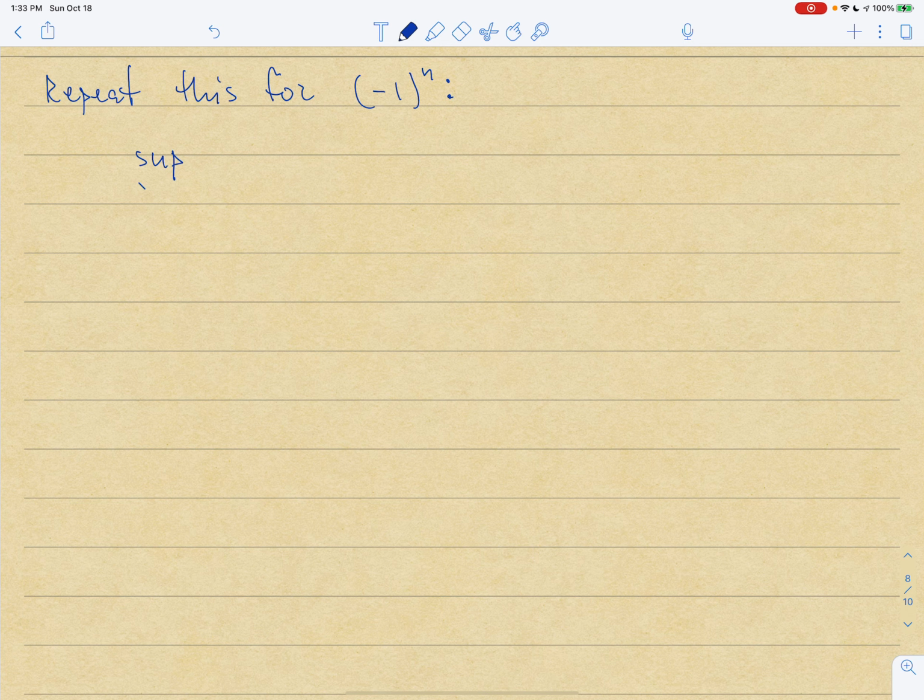Supremum, n greater or equal than 1, of minus 1 to the n, and the infimum, n greater or equal than 1, of minus 1 to the n. I mean, it's easy to see, right, that the supremum is going to be 1 because the sequence is oscillating between minus 1 and 1, and the infimum is equal to minus 1.